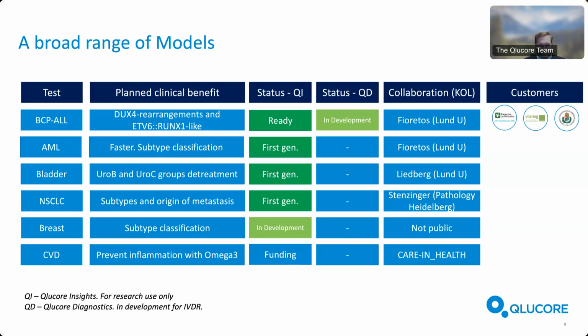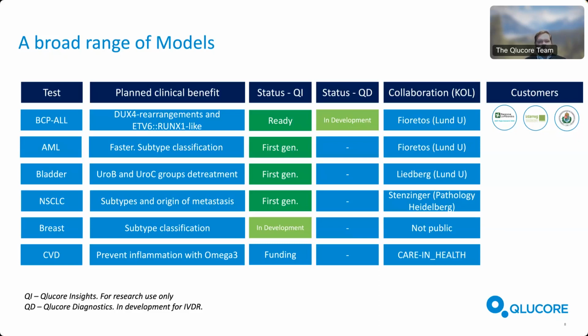An important point to make here is that even though the models are updated, there is no need to change the wet lab. It will remain the same, and that makes our tools, for lack of a better phrase, future-proof.